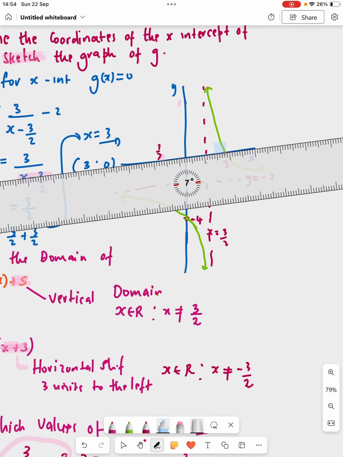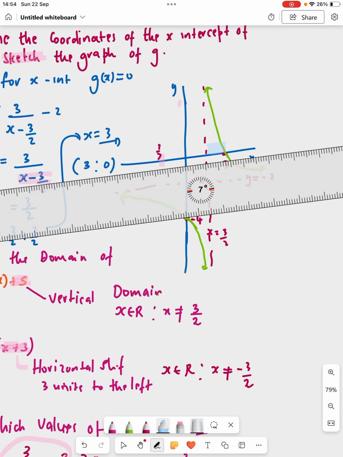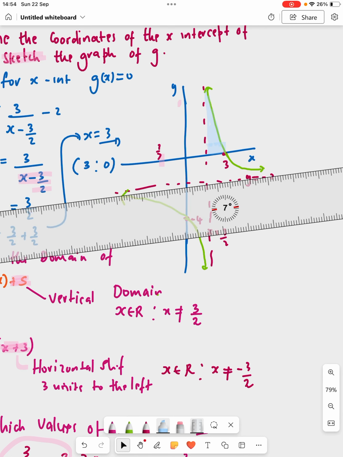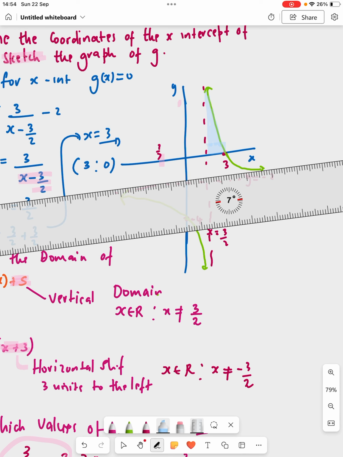Here is the part of the graph that is greater than 0. This part here is the one that is above 0. So that means your answer is only this portion here. The values of x above 0, it is only this portion.